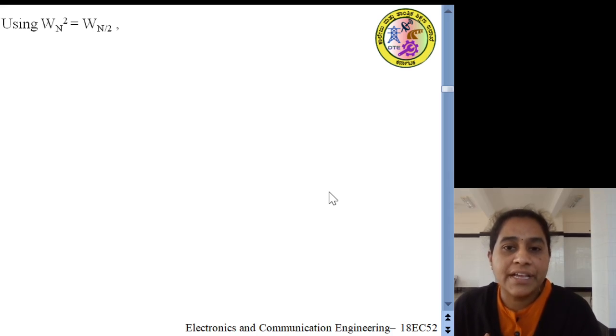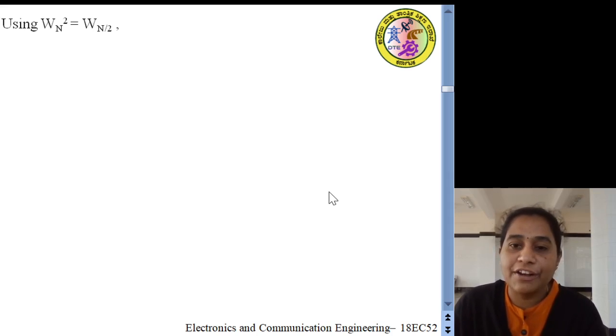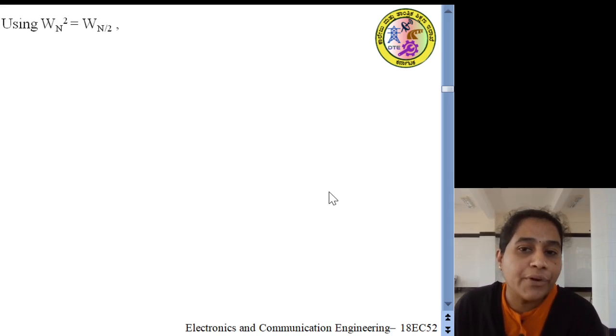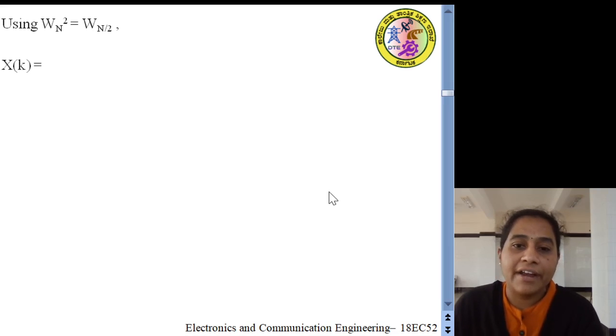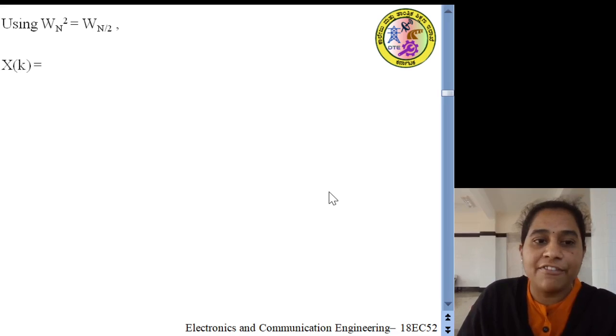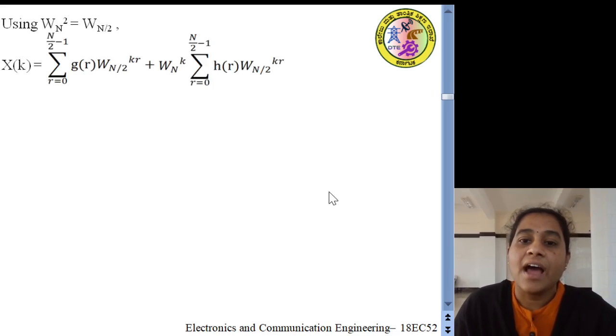So now using the property of the twiddle factor, W_N^2 equals W_(N/2), we can write the DFT X(k) as summation r varying from 0 to N/2 minus 1 of g(r) W_(N/2)^(kr) plus W_N^k into summation r varying from 0 to N/2 minus 1 of h(r) W_(N/2)^(kr).